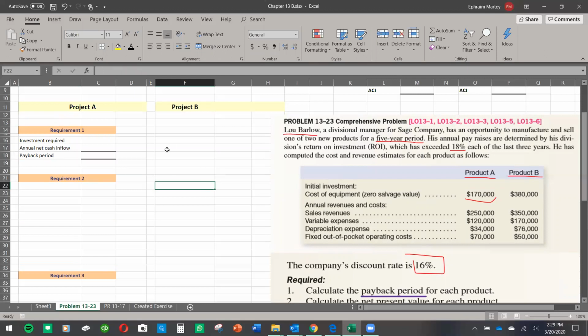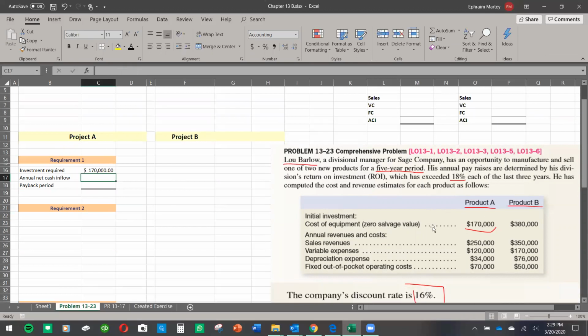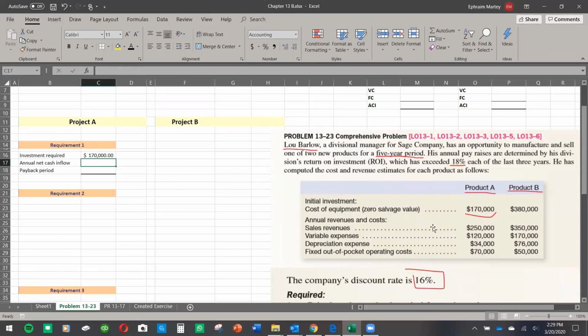How much is Lou putting in product A? And that is 170,000. Okay, so put in 170,000. But what is the annual net cash flow? We have the data given out here. Okay, annual net cash flow simply means at the end of the period, if we take our revenue and take out all our expenses that deal with cash transactions, how much cash is going into our cash account at the end of the period.